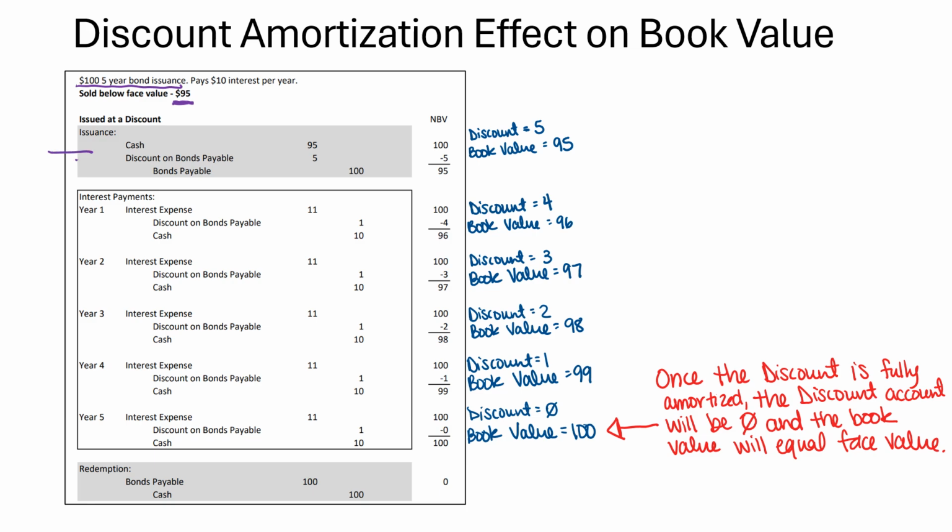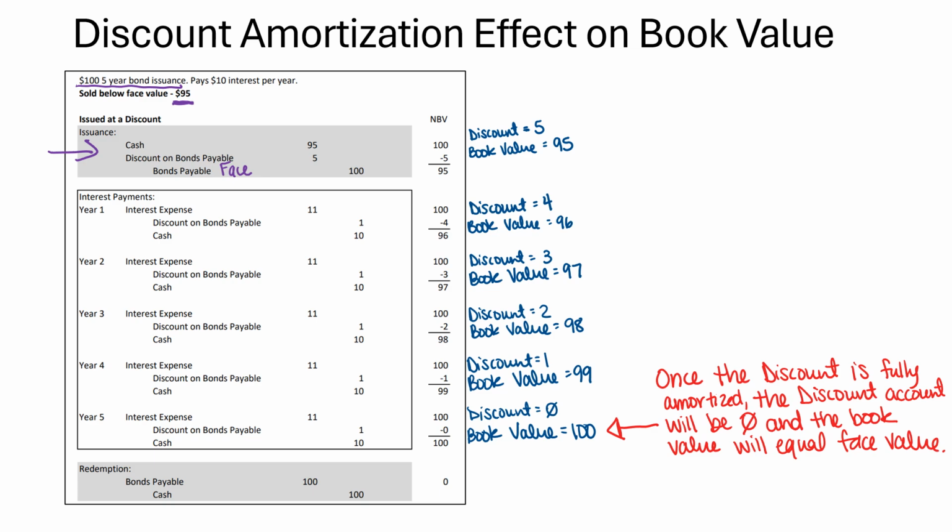So your journal entry for the issuance would be a debit to cash of $95, because that is what the bondholder paid for that bond. Discount on bonds payable debited for $5, and then a credit to bonds payable of $100. Remember, bonds payable is always going to be the face amount.